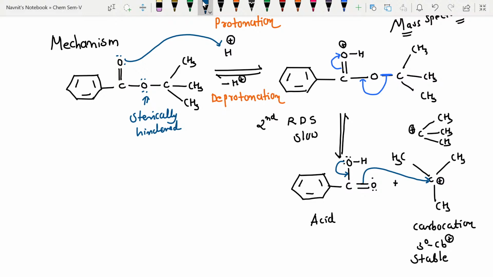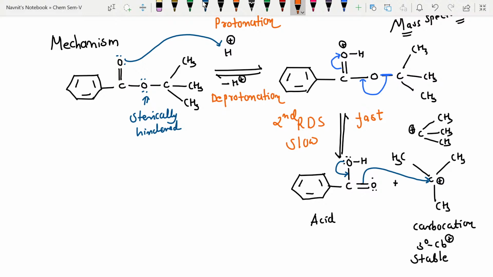And this step is a fast step. So the second step is the rate determining step and it is a slow step, but the backward reaction is a fast reaction.